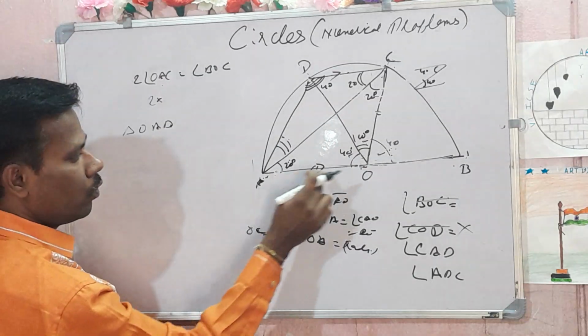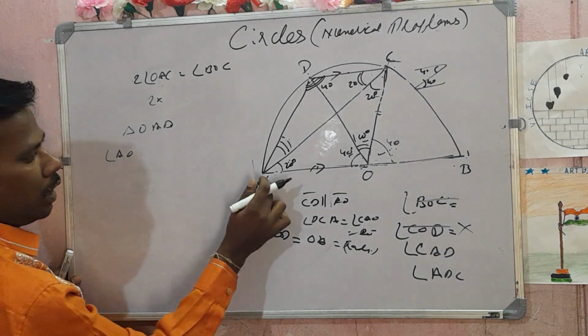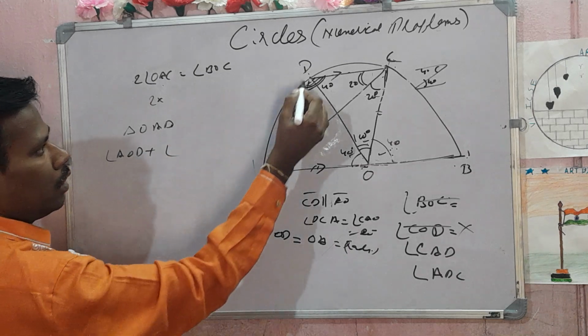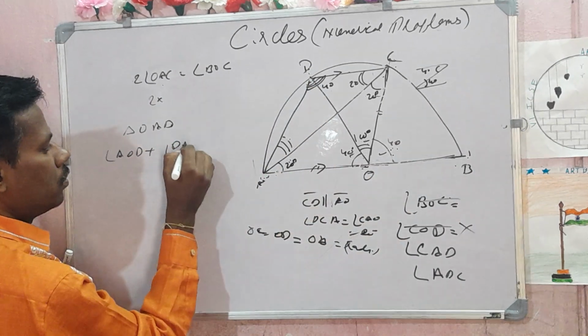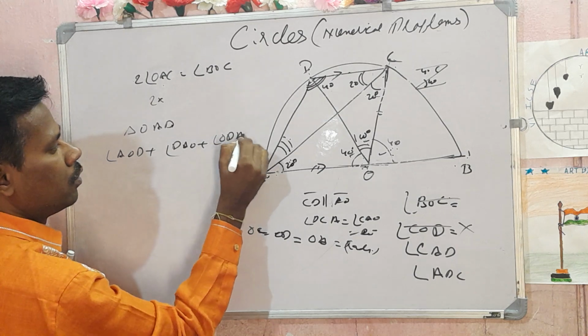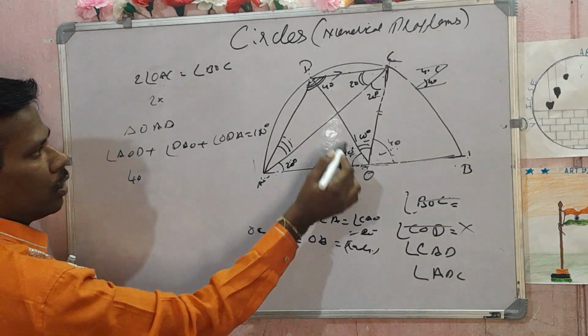Consider triangle OAD. This triangle you consider. Angle AOD plus angle DAO plus angle ODA is equal to 180 degrees. Sum of the angles of a triangle. Here this is angle AOD.